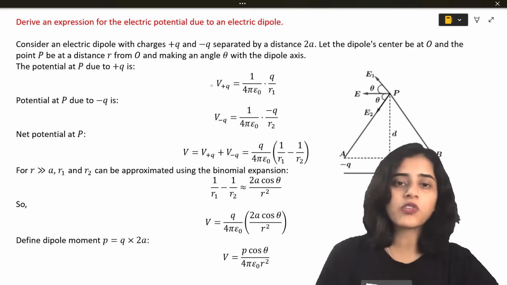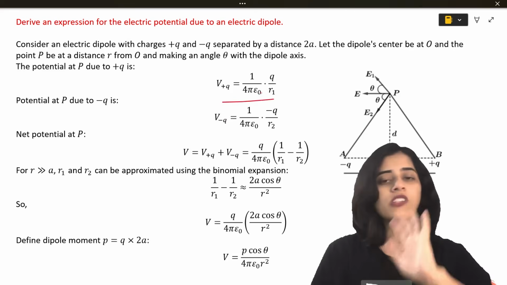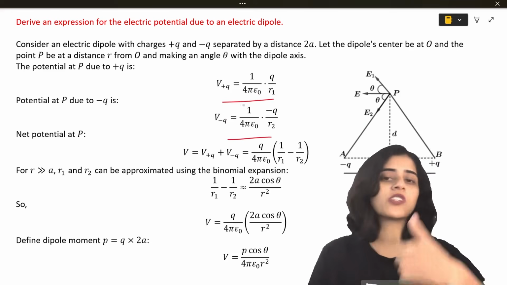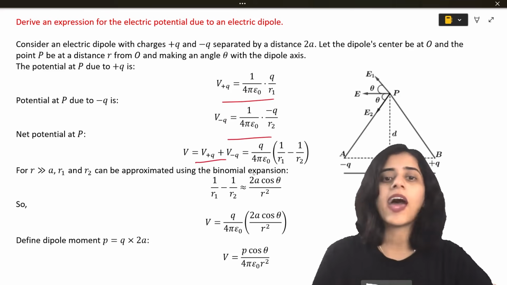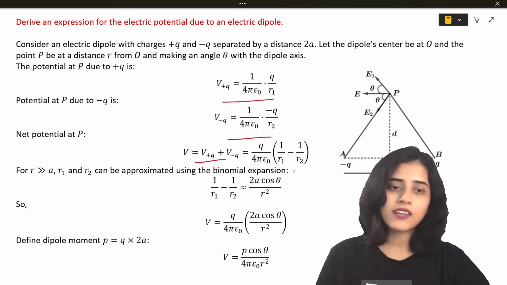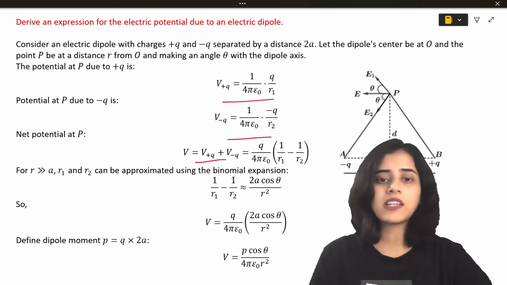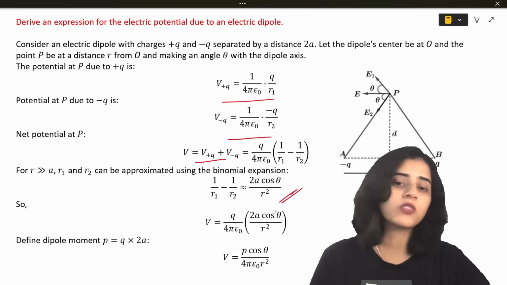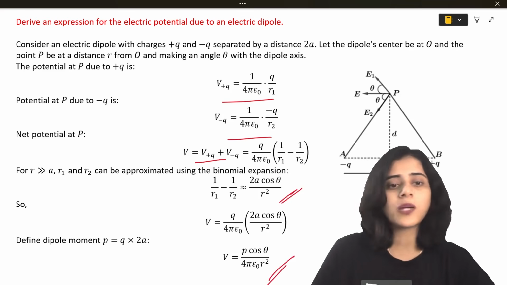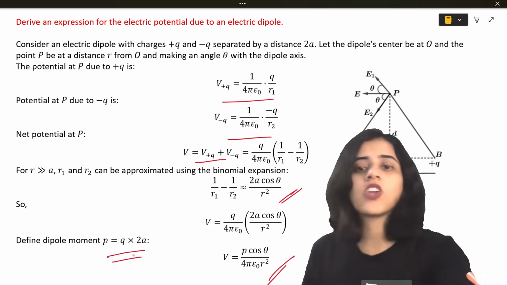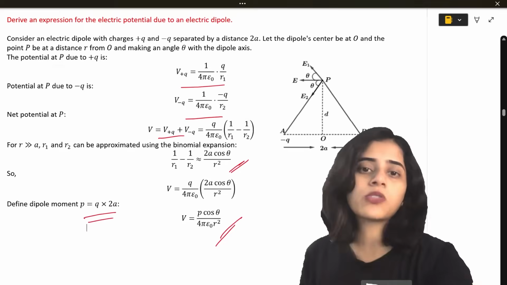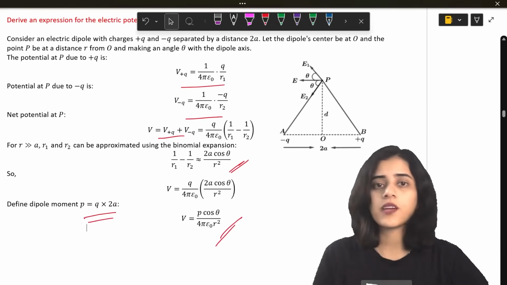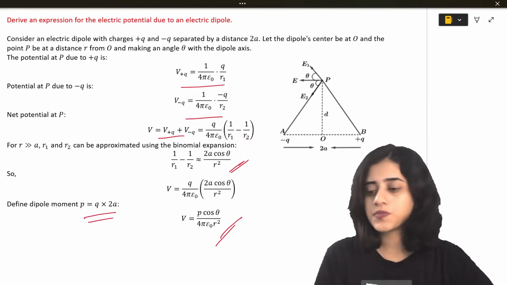Here again we are going to take the potential because of charge plus Q, potential because of charge minus Q, and then add them. You take 1 by R1 minus 1 by R2 by binomial expansion, and then you substitute dipole moment as Q times 2A. Are you able to see it? I hope you're able to see it now.